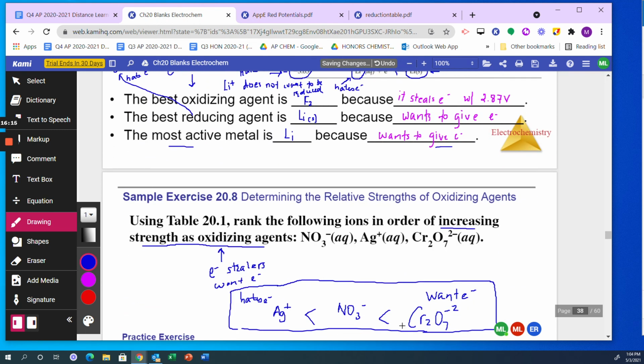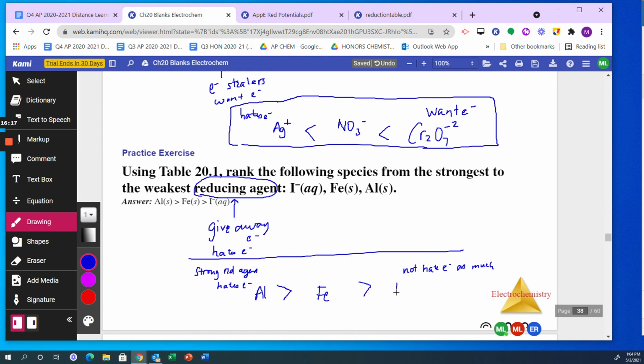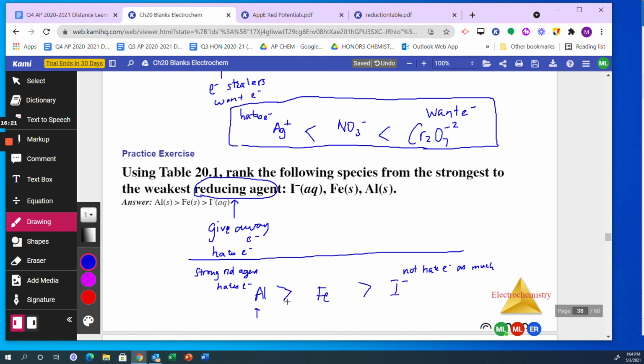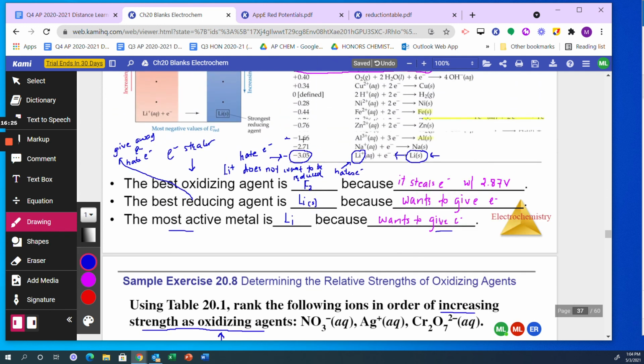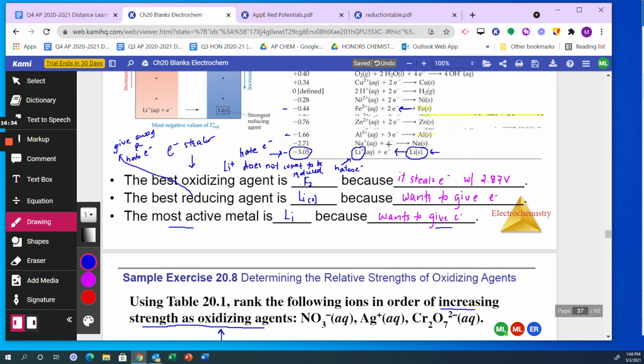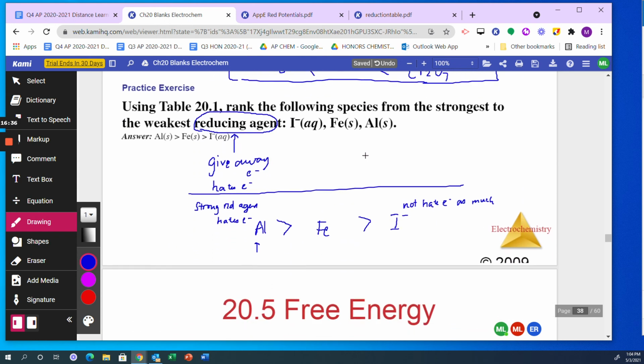If Al gives away the electrons, you will gain a potential of positive 1.66. If iron gives away the electrons, you will get a potential of negative negative 0.44, which is positive 0.44.